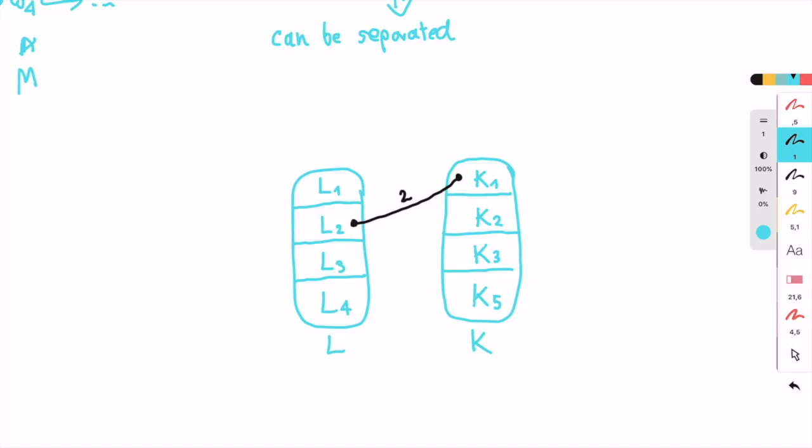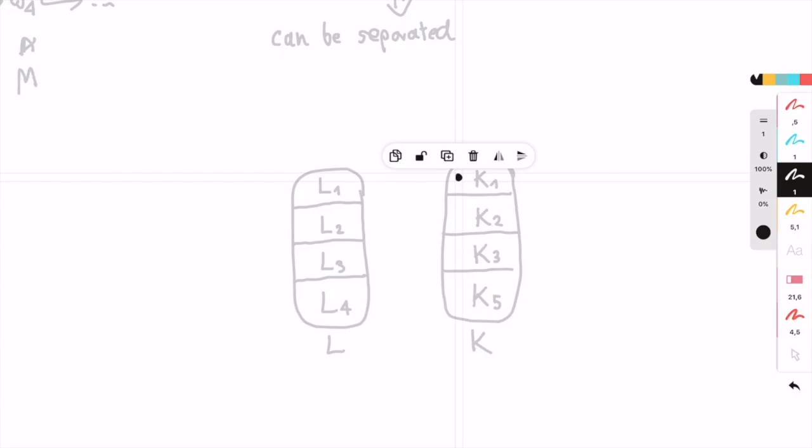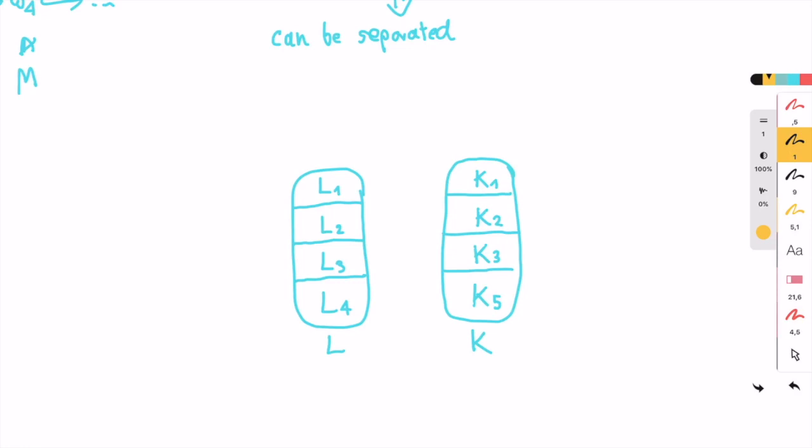So more precisely, we're going to show that, let me erase this, that there exists a separator, say, which I want to separate L at most I, here I equals 2, from K at most I. So I want to find a piecewise testable separator which separates L at most I from K at most I. So let's draw this separator.